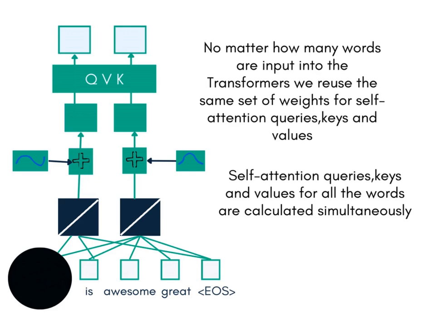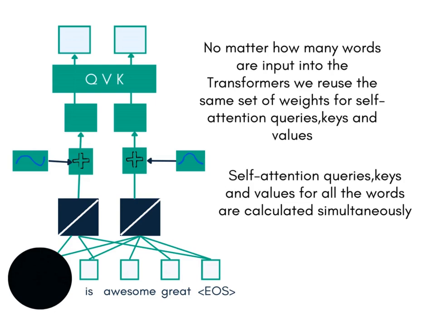No matter how many words are input into the transformer, we reuse the same set of weights for self-attention: query, keys, and values. So when you are trying to train a model, the weights that are given to the architecture remain the same.